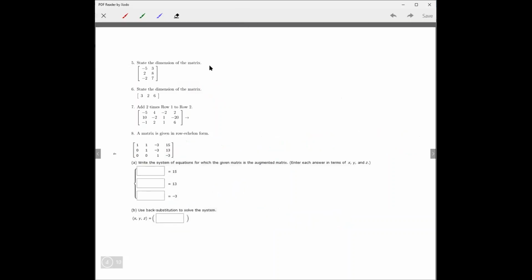Number 5 is the dimension of the matrix. The dimension is going to be the number of rows cross the number of columns. So with this, the rows are these. This is the top row, this is the second row, the third row.